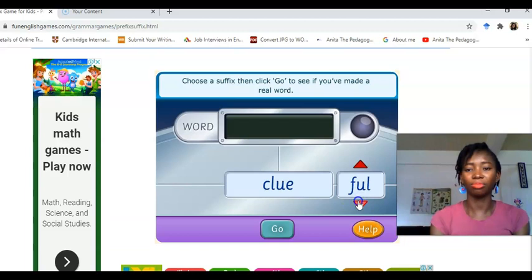So the students keep trying to see which particular word would work best with the suffix and then chooses it.